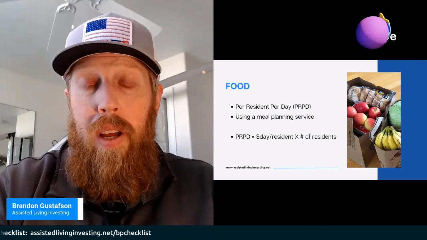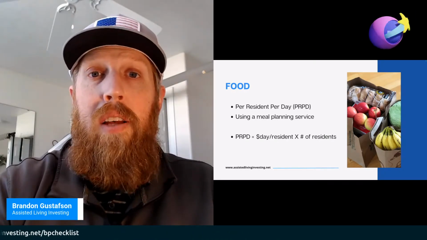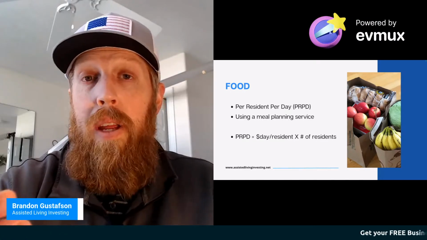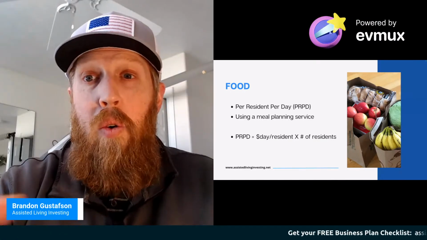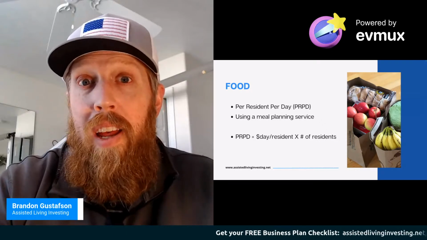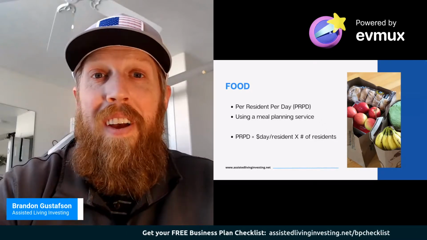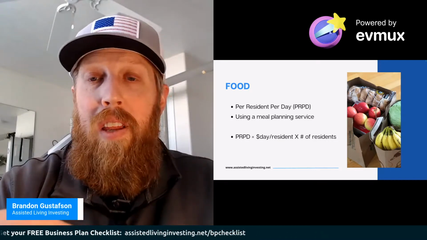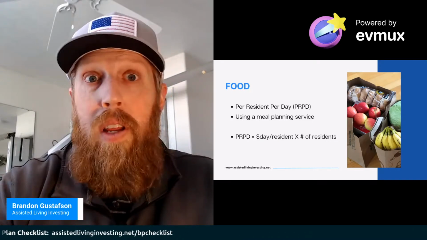We use Walmart Plus, which allows it to get delivered to us, so our administrator doesn't have to go shopping because it just gets delivered to the house. We probably pay a little bit more for it, but it saves us a ton of time, so it's also worth it. So food is something where you need to make sure that you are feeding your residents.